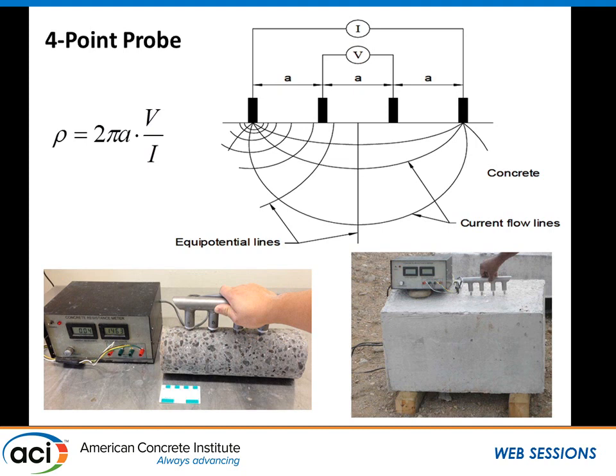In this test method, you apply a current flow between 2 outer electrodes and measure the voltage drop across 2 inner electrodes. And it's supposedly relatively free of polarization effects, although there is some fancy modeling involved to take account of the weird geometry of the experimental setup and the flow of the current and the equipotential lines as well.